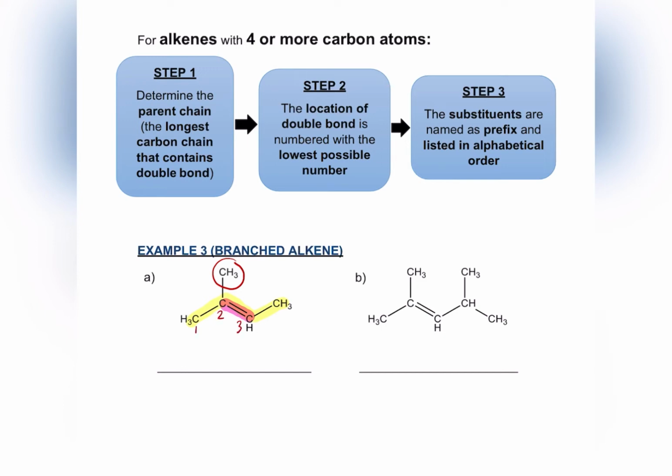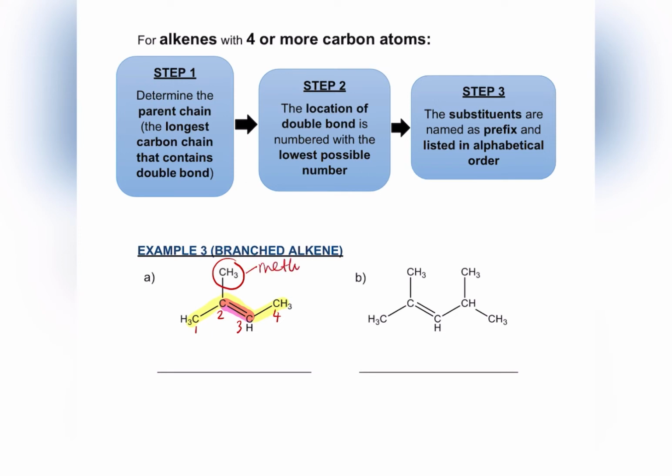1, 2, 3, and 4. As you see, carbon 2 and carbon 3 share the double bond. But when I give the numbering, I have to choose the lowest between 2 and 3, so the answer is 2. Now we have the substituent as methyl.